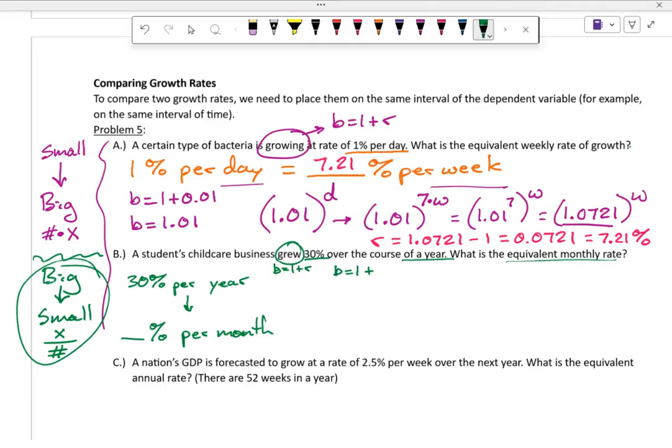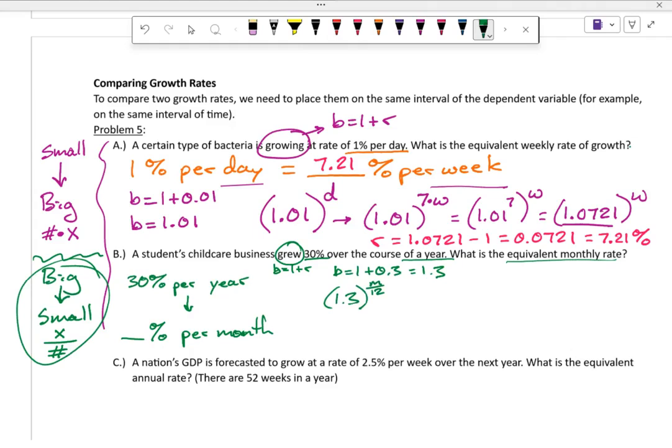So starting out again, we have our B value. B would be 1 plus 0.3 or 1.3. So I would take that 1.3, and this time I am going from years to months. So for every month, that is 1/12 of a year. So I'm going to do my months divided by 12.